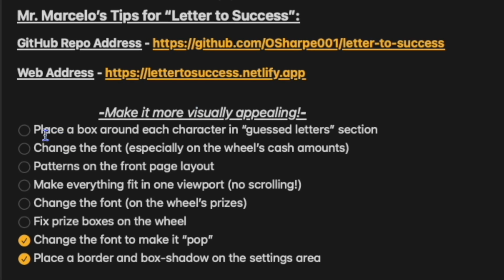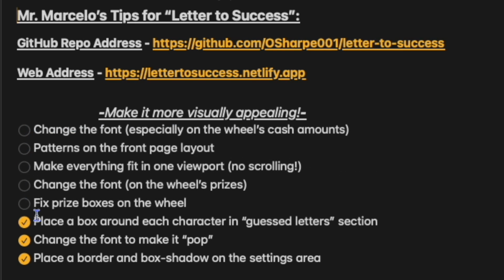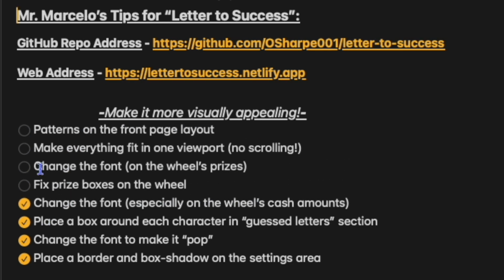We got a box around it, but it's not really totally set up yet. But I could do the finishing touches later. They have a box around it. It was looking decent for the most part, especially on the wheels cash amounts. That definitely got set up. So for the most part, we got the 4 areas down.